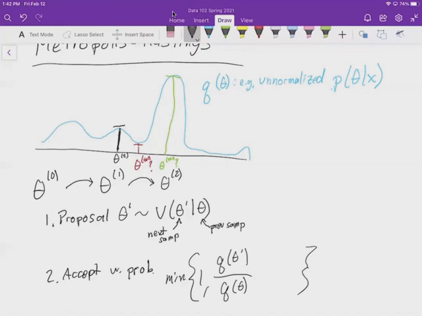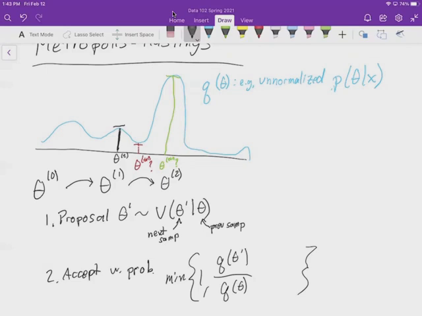In that case, my proposal distribution is kind of unfair and I need to somehow compensate for that. I need to add in some term that helps me compensate for the fact that my proposal distribution might unfairly say the new theta prime was just more likely under the proposal distribution.